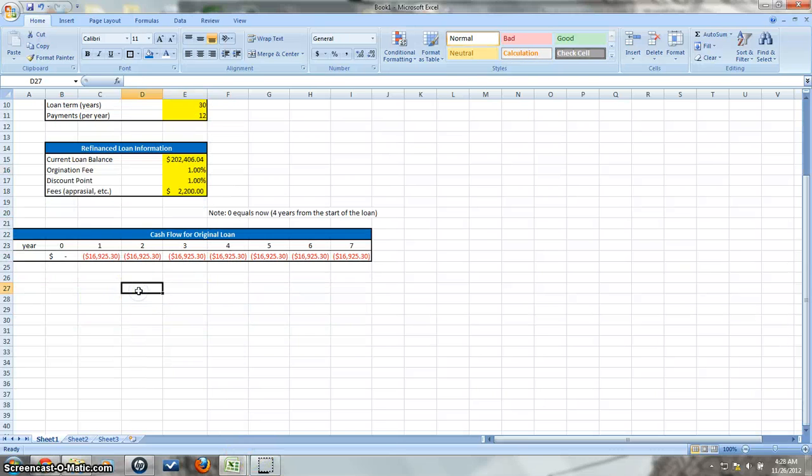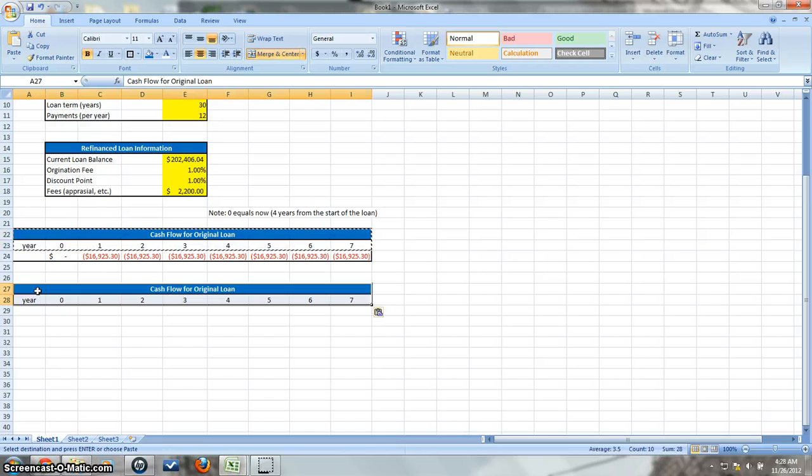The next step is the cash flow for the new loan. Cash flow for refinanced loan.